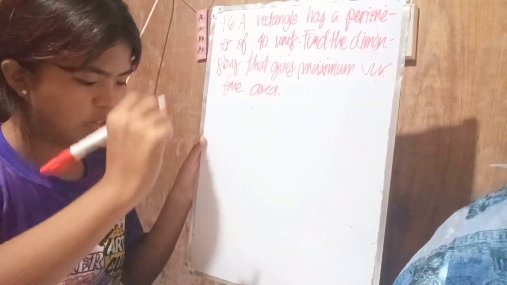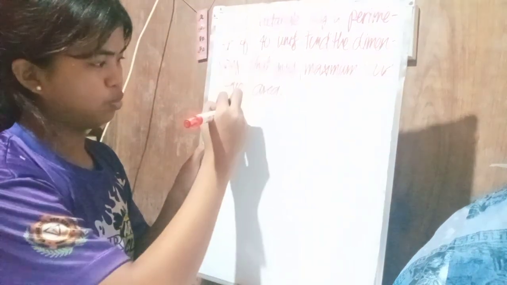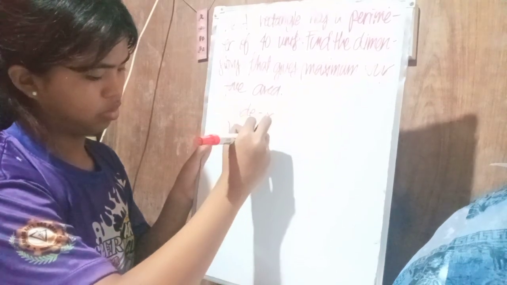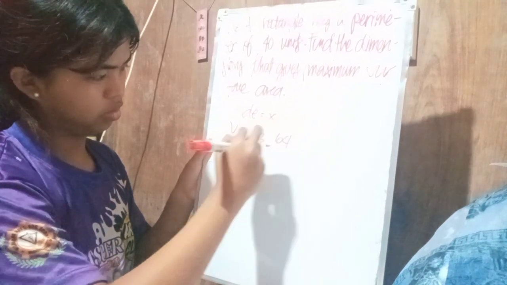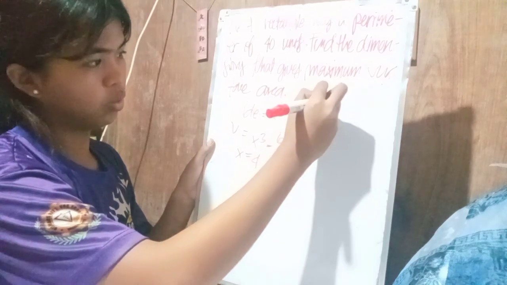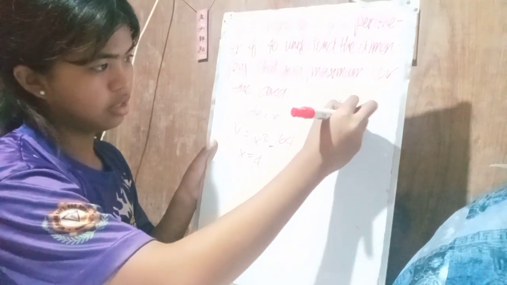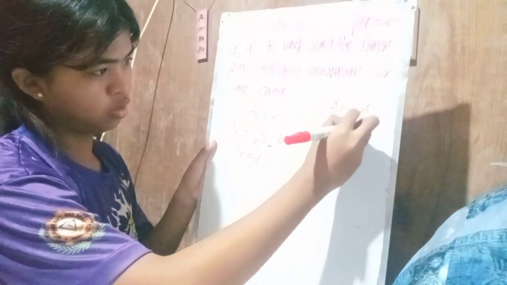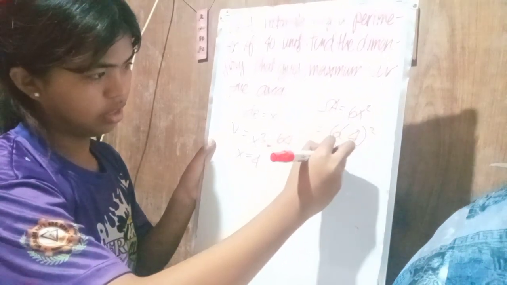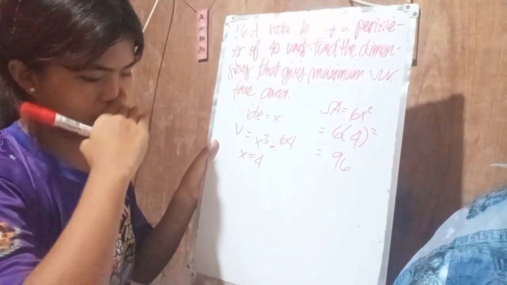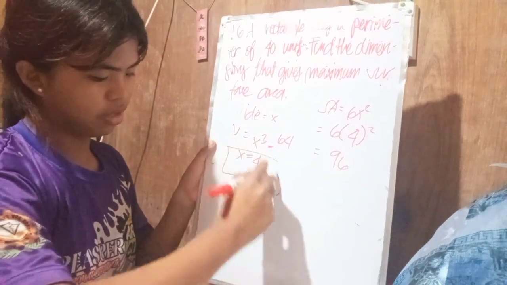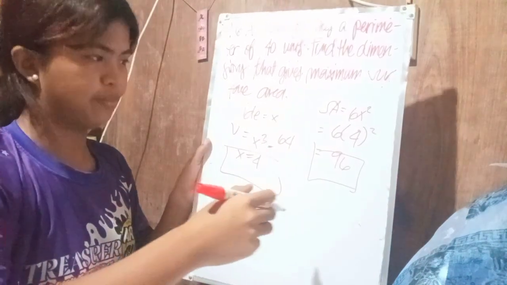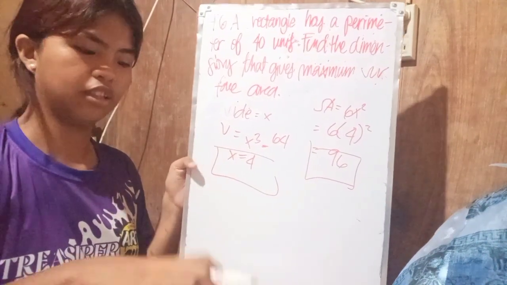So for the surface area, 6x squared is equal to 6 times 4 squared, which is 96. So the side is 4 and the surface area is 96 square units. This is how you solve it.